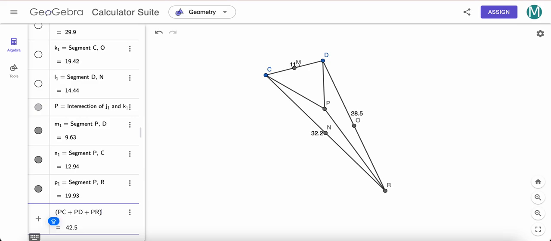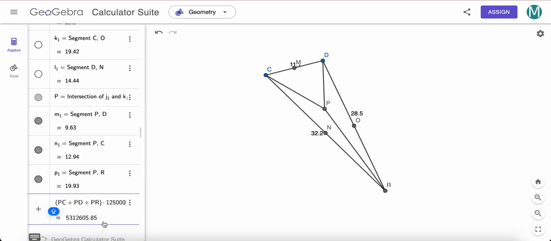Okay, total 42 miles, and this is new construction, so we are going to pay $125,000 per mile. So it's $5,312,605. It is not the cheapest one, but it's very close to the one at the incenter, only slightly more, like $100,000. But it's not bad. This is the fourth option.